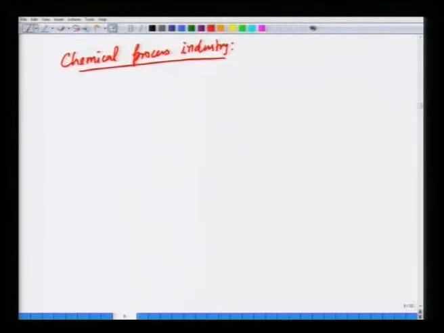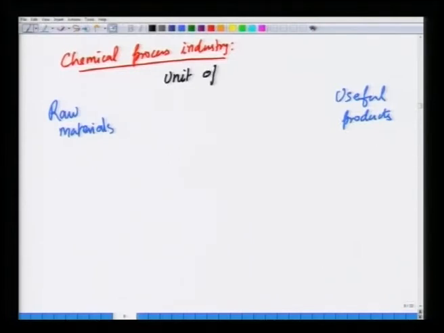Okay. In the modern day chemical industry, the goal is to convert raw materials to useful products which are of value to the people who consume these products. Okay. How does this conversion take place? This conversion takes place through a set of operations. These operations are called unit operations, plus chemical conversion.